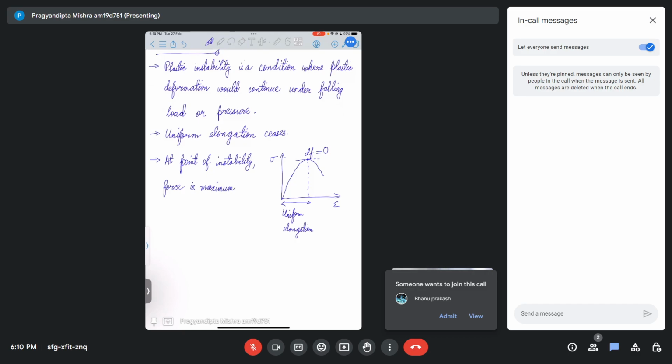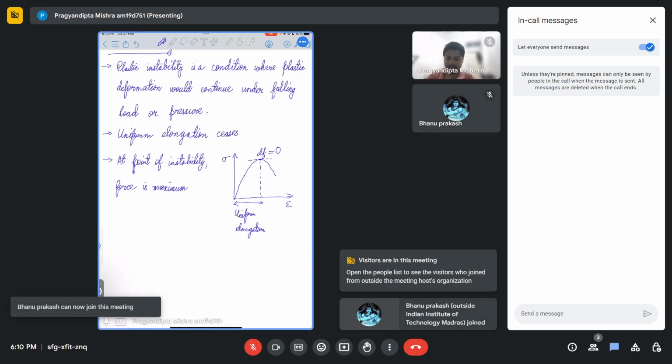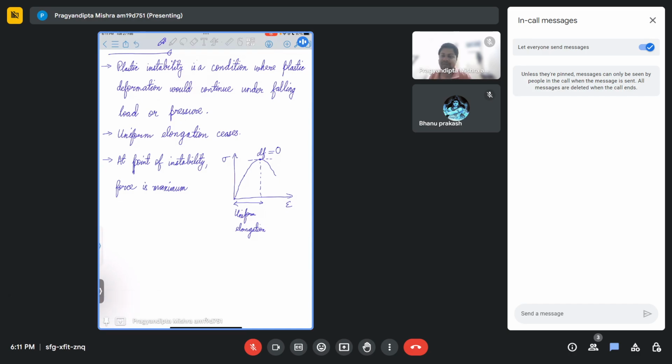Yeah, okay. So as I was saying, at point of instability, your force or stress is maximum. Therefore, your slope or dF would be equal to 0.